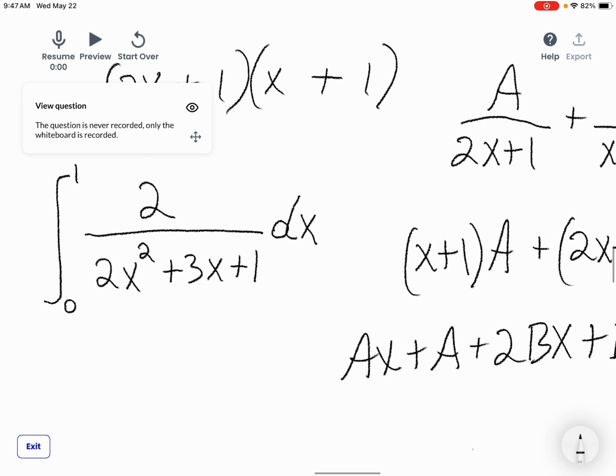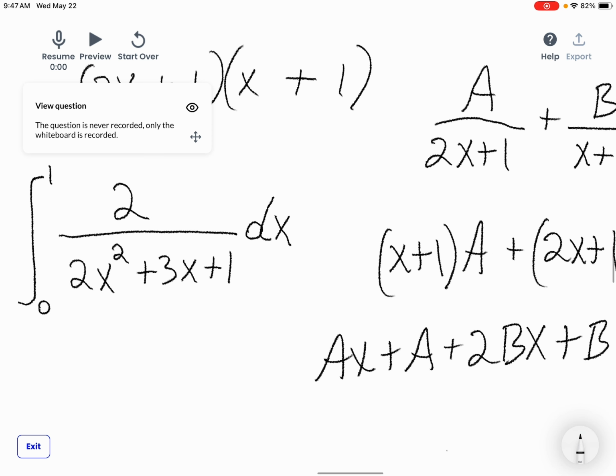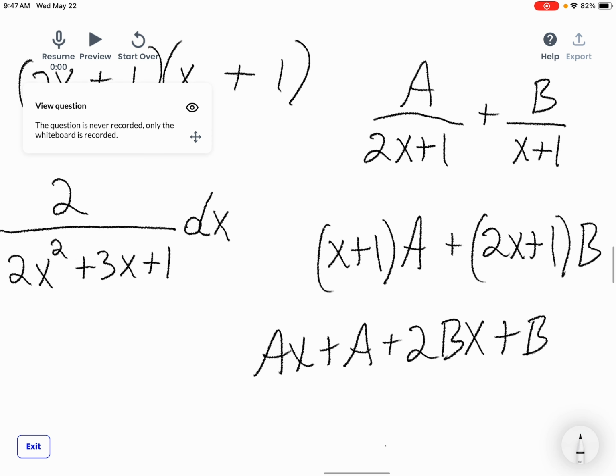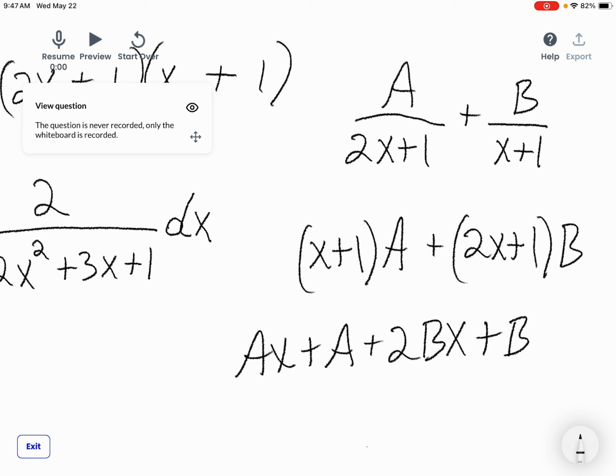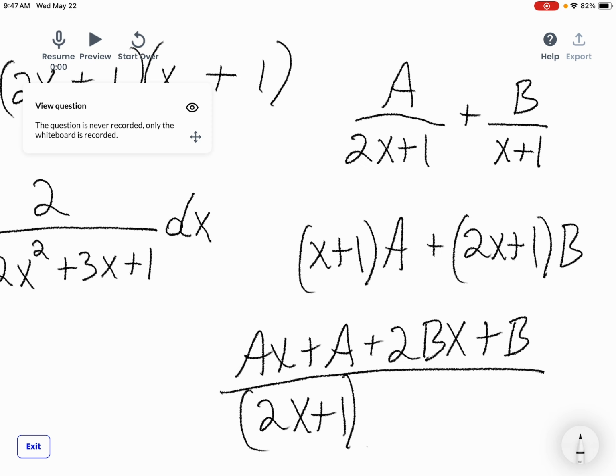But now, look at what we're integrating. We're integrating 2 over 2x squared plus 3x plus 1. Well, now, if we get a common denominator and combine our fractions together, we get ax plus a plus 2bx plus b all over the same bottom, which is 2x plus 1 times x plus 1.